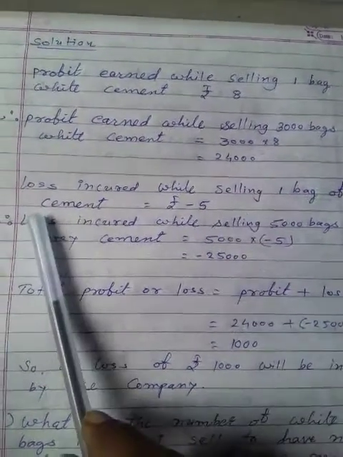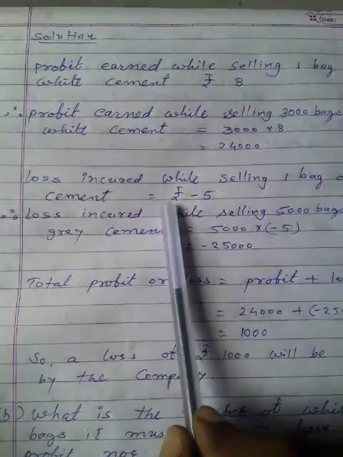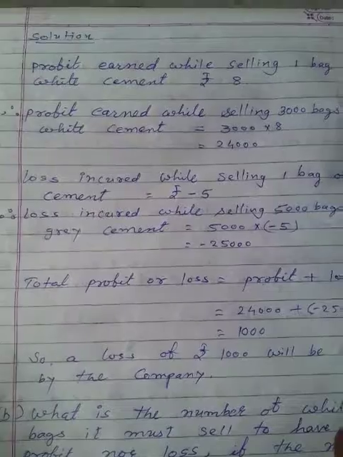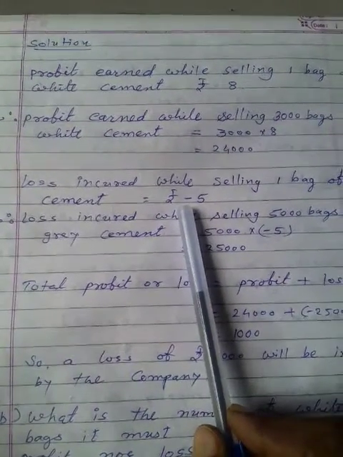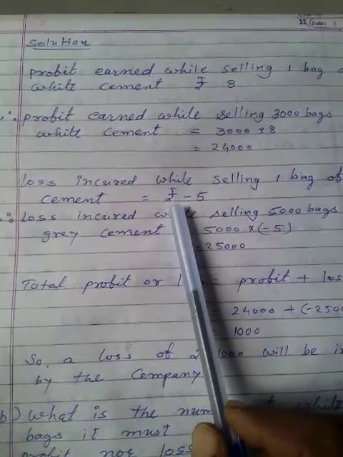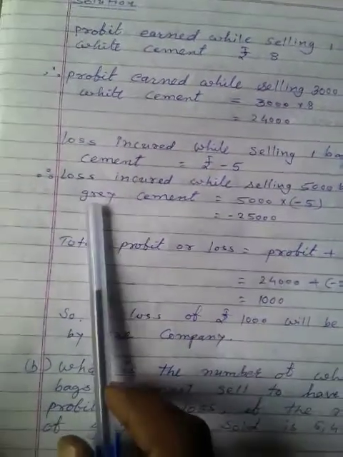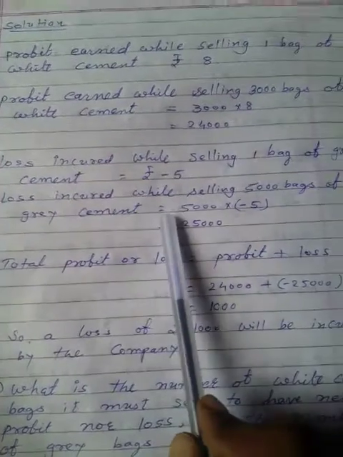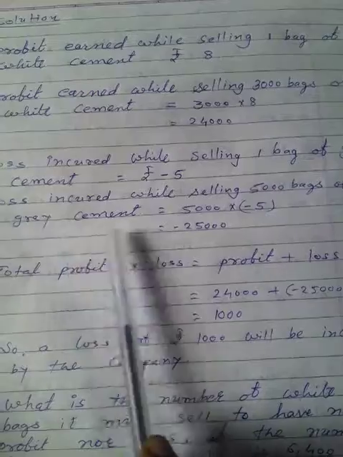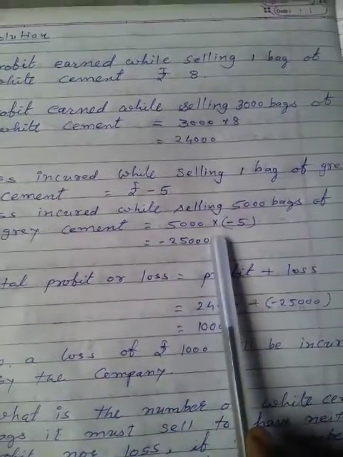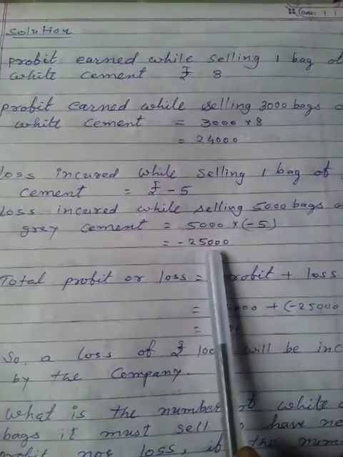Now another point, loss incurred by selling one bag of grey cement. How much loss? Minus 5 rupees. So loss incurred while selling 5000 bags of grey cement, so 5000 multiply minus 5. 5 fives are 25. So 25,000.